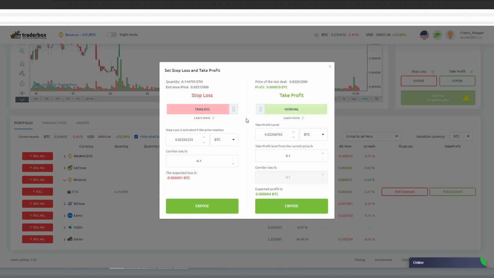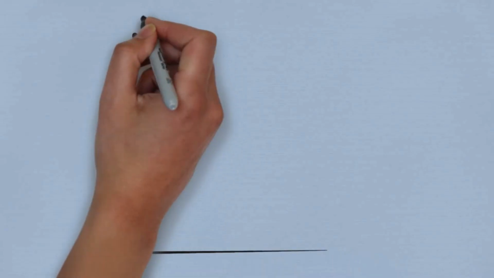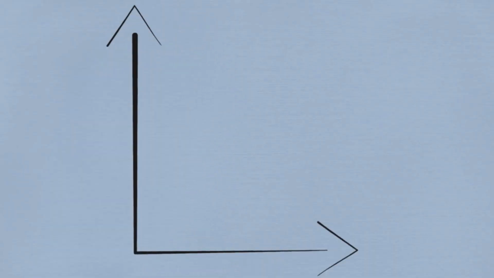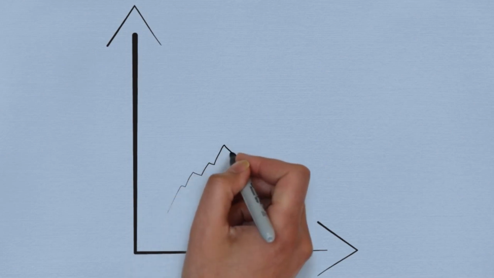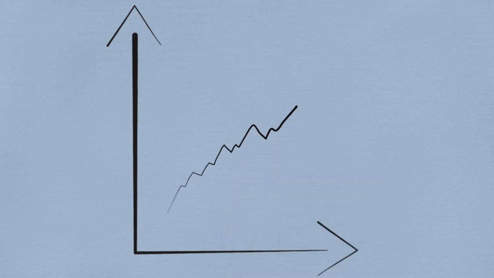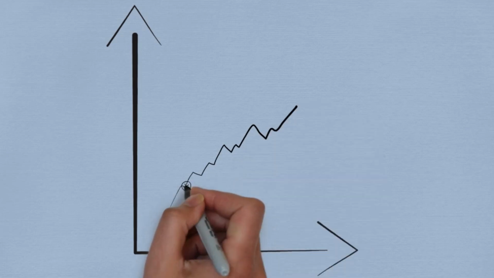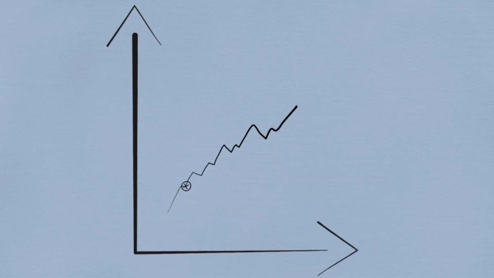The percentage for the stop-loss can be set in the corridor size field. In our example, I will set the corridor value to 0.7%. As soon as the difference between the current price and stop-loss price exceeds 0.7%, the stop-loss automatically starts moving up towards the price.